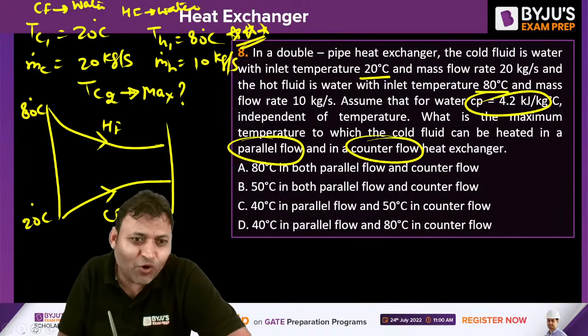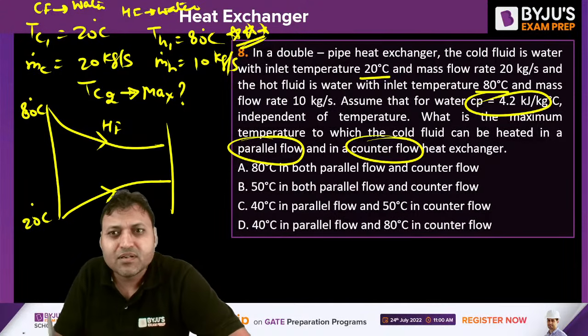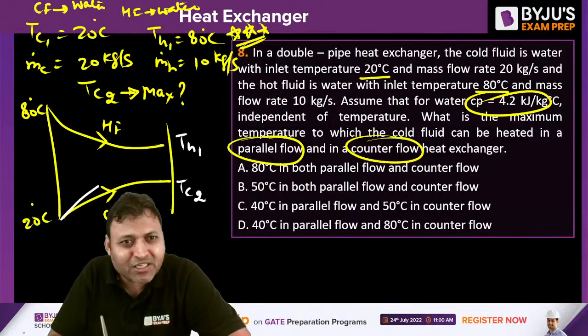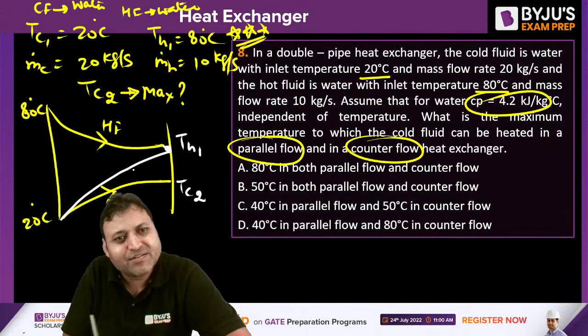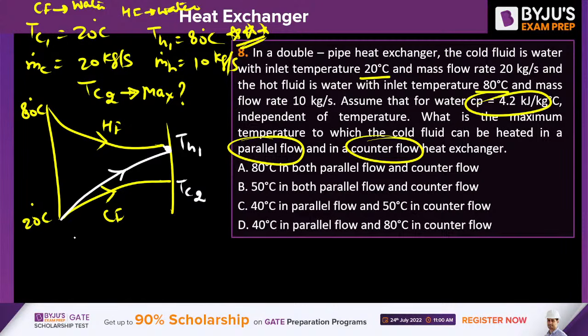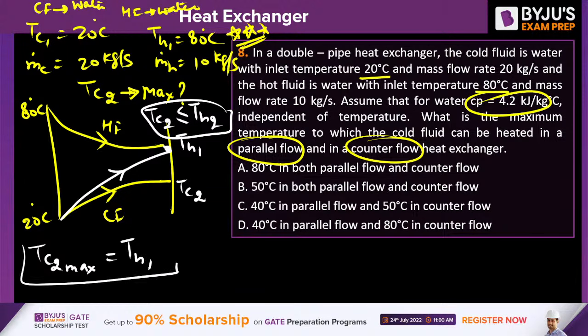Then, if we want the maximum temperature of cold fluid, do you agree the maximum temperature of cold fluid can be TH1? The maximum temperature of cold fluid, TC2 maximum. From here we can say TC2 is always less than TH2. For a parallel flow heat exchanger, the maximum value of TC2 can be equal to TH1, isn't it?